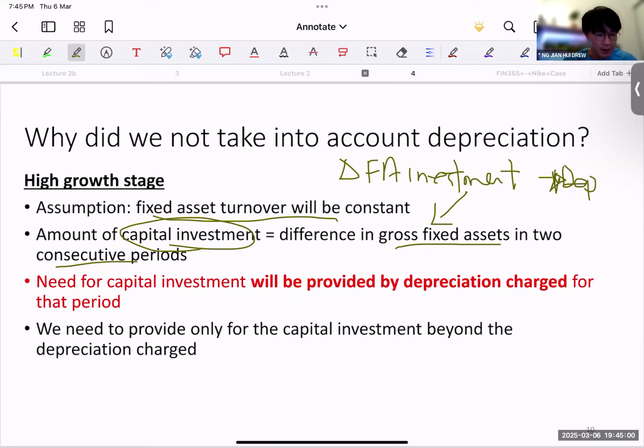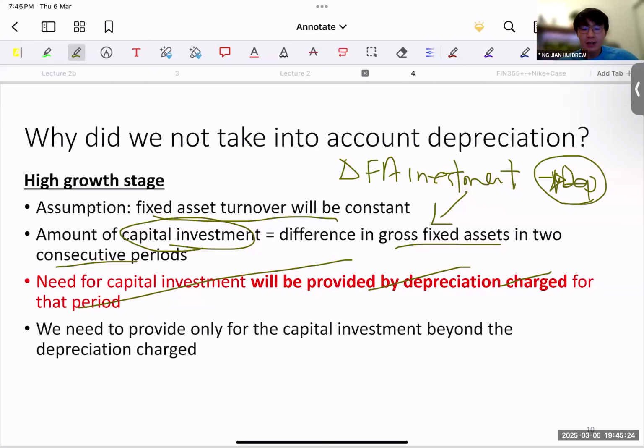There's actually a bit of a typo here. I'll remove this because this is not correct. Because it refers to change in fixed asset investment minus the depreciation. And so the thing is, we need to provide for this depreciation here.